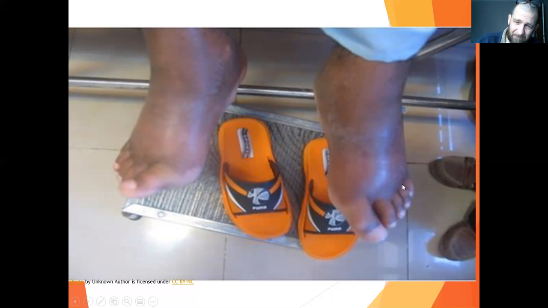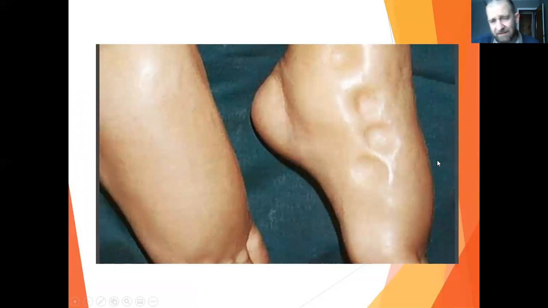Then we have this kind of bump at the end of the foot, right before the toes. We can see how much swelling there is. That's a good example of swelling and edema. On both feet, you can see right by the toes that bump where it swells up.